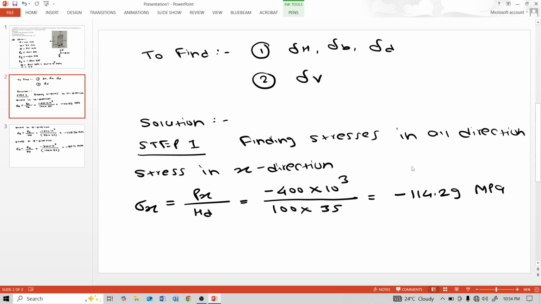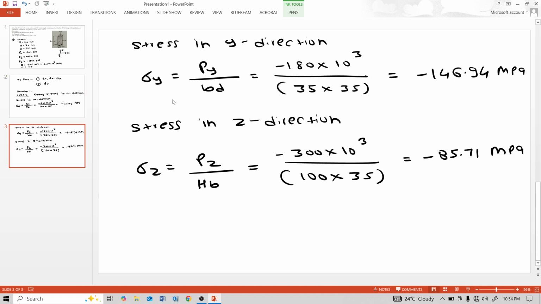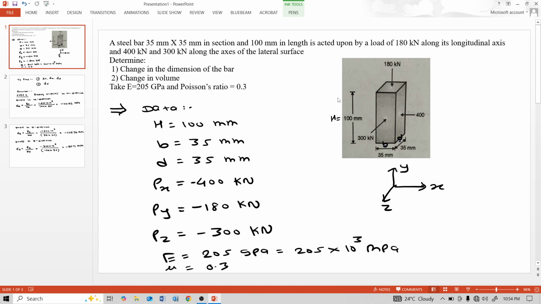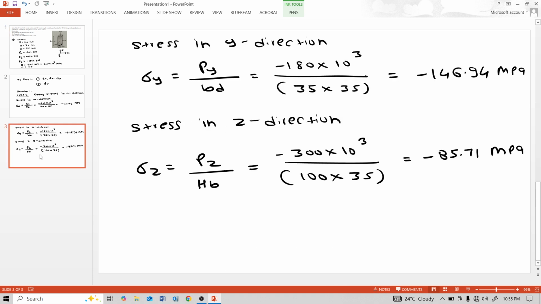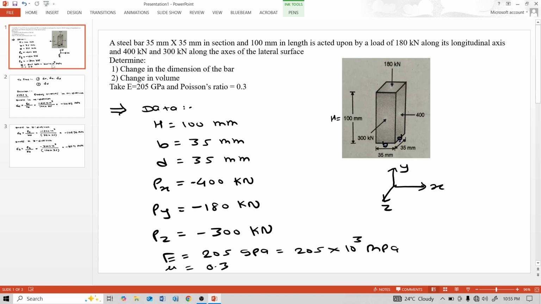Stress in x direction is minus 114.29 MPa. Stress in y direction is minus 146.94 MPa. Stress in z direction is minus 85.71 MPa. Load acting on z direction is 300 kilonewton, and stress acting on z direction is minus 85.71 MPa.